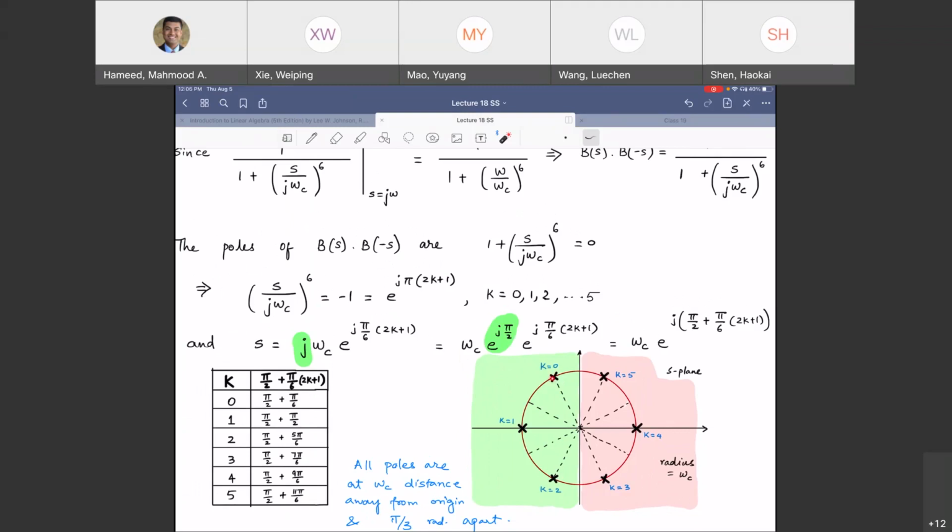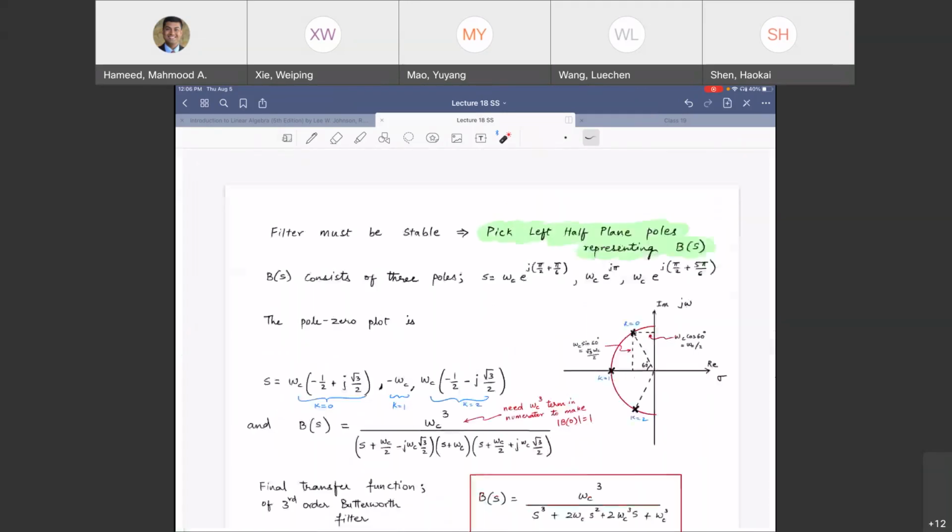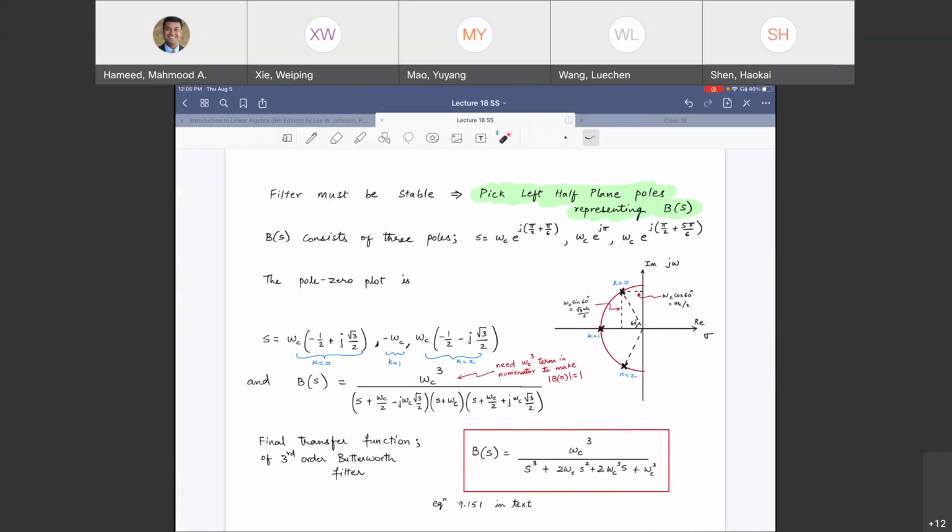But the poles are all going to be omega c away from the origin, and they're also going to be pi over 3 apart from each other, right? Odd multiples of pi over 6. So the filter must be stable. So you pick the left half plane poles that represent B of s.